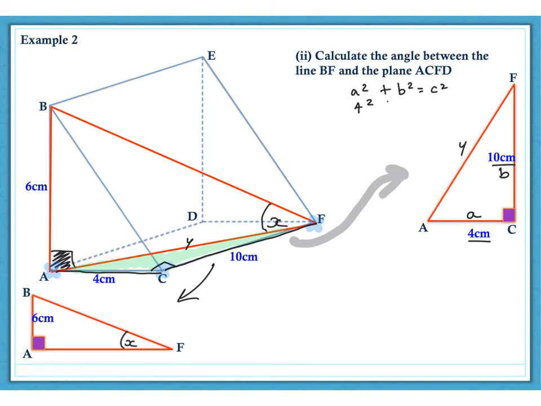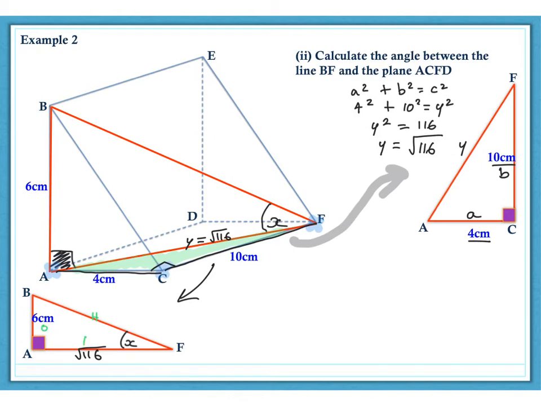So 4 squared plus 10 squared equals Y squared, which gives Y squared equals 116, and Y equals the square root of 116. So this means A to F is the root of 116, here it is, and we're now going to calculate the missing angle that we want, angle X.